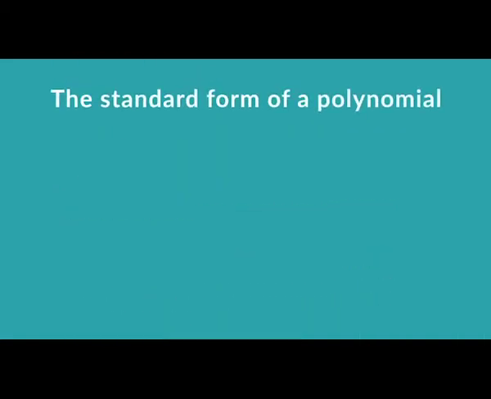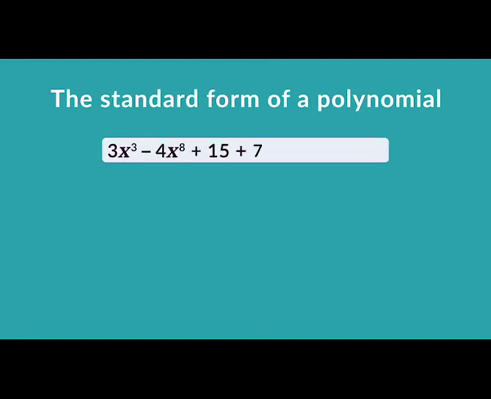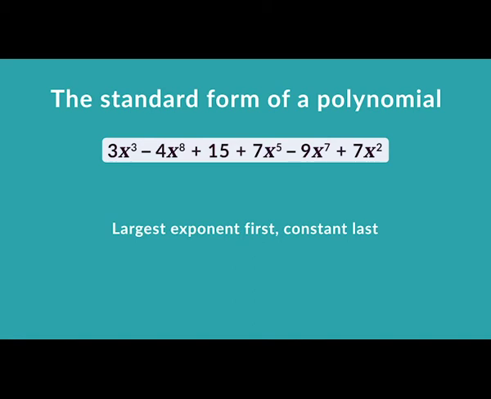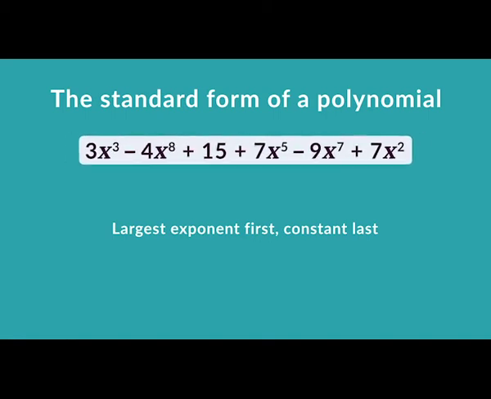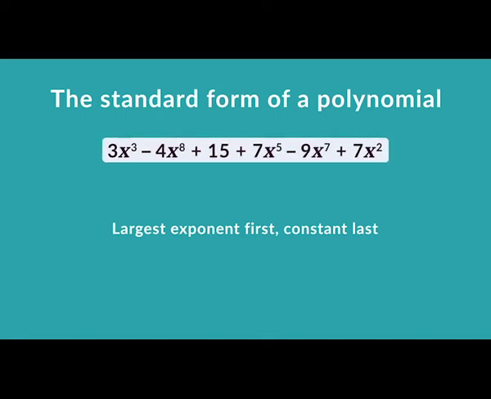Polynomials are in standard form if they are arranged in a certain way. The terms are put in order so that the exponents of the variable are in order from largest to smallest with the constant last. It is a good idea to rearrange a polynomial in this way before you do anything further with it, so you know what you are dealing with, which will help when simplifying and factorizing. Take this polynomial, for example. It is not in standard form.